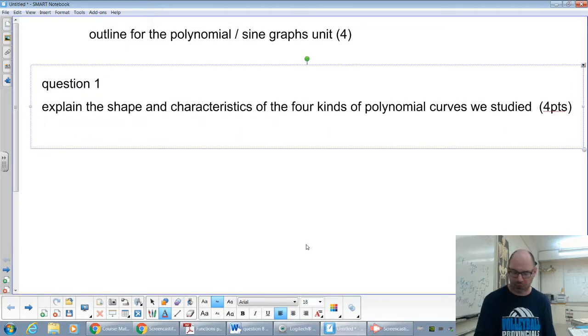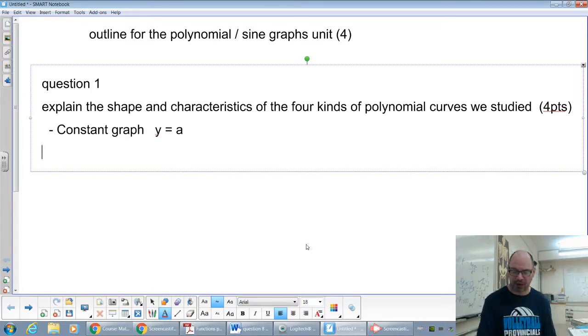Okay, so if you remember, we had the constant graph, I guess. And the basic form of that was y equals some number a. Okay, and the shape of it was flat. Then we had the linear graph. And that was first degree, y equals mx plus b.